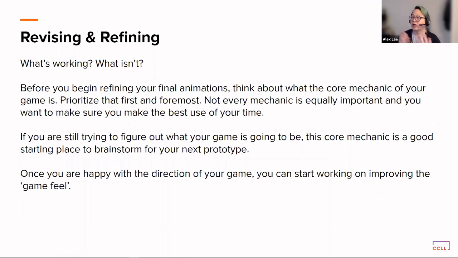So think about what your game is going to be about, and what is probably the most important mechanical element towards that. And that's what you want to focus on first to make sure you make the best use of your time, because not all mechanics are equally important. So use that as a launching off point.